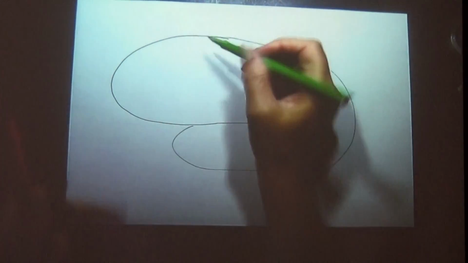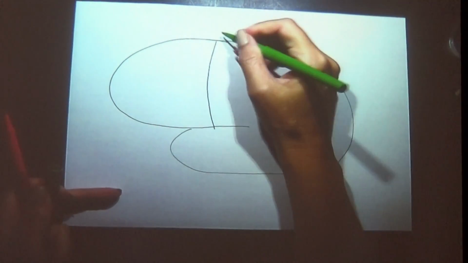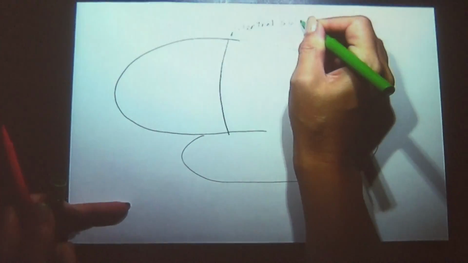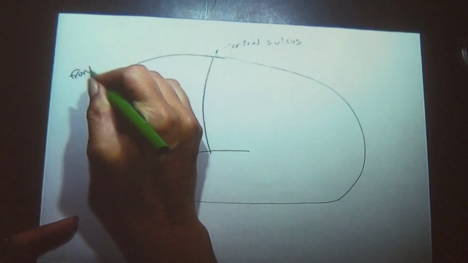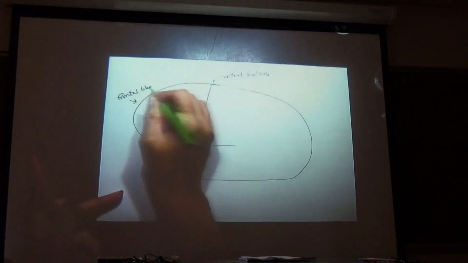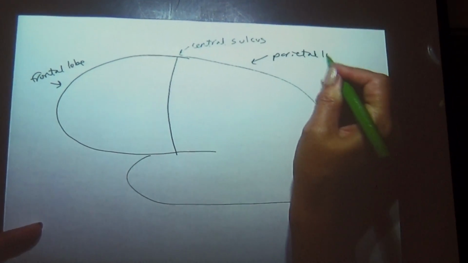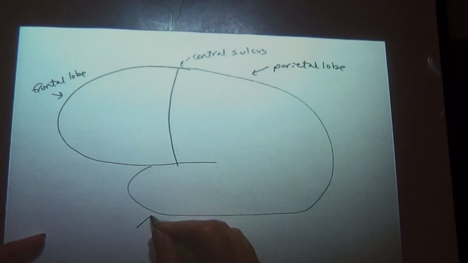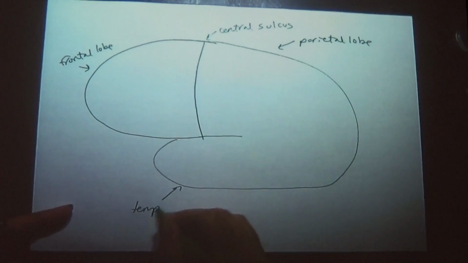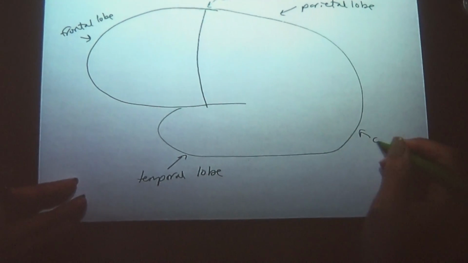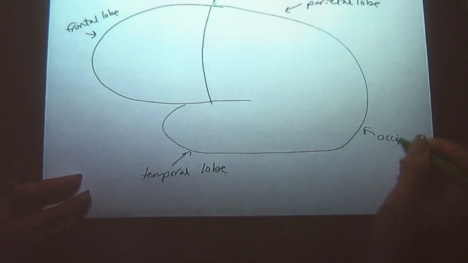So let's also put in the central sulcus here. And then we'll have our frontal lobe, parietal lobe, temporal lobe, and the occipital lobe.